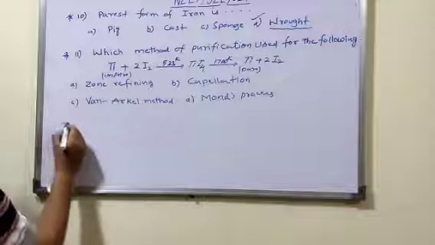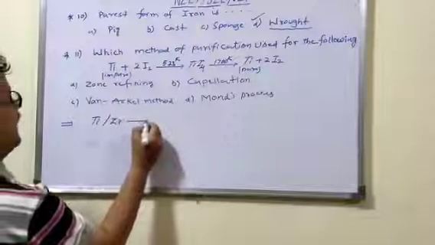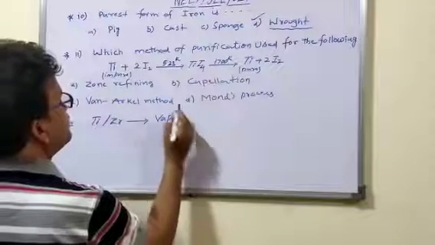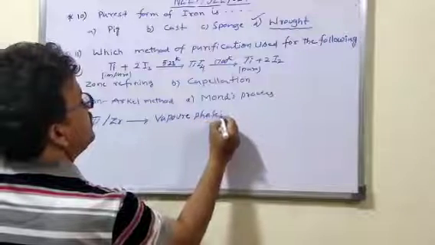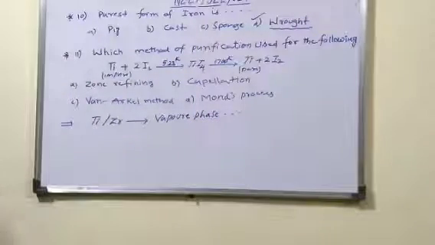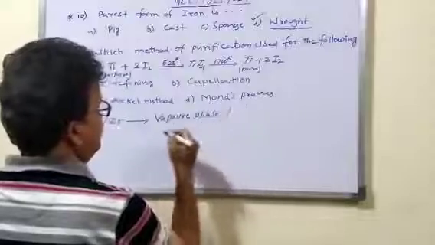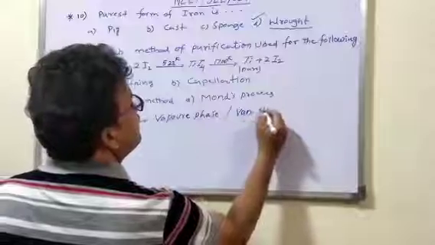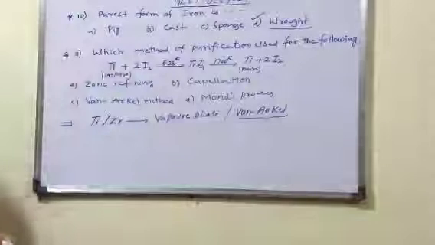Remember, titanium and zirconium are refined by the vapor phase purification method. Vapor phase refining, the Van Arkel process.